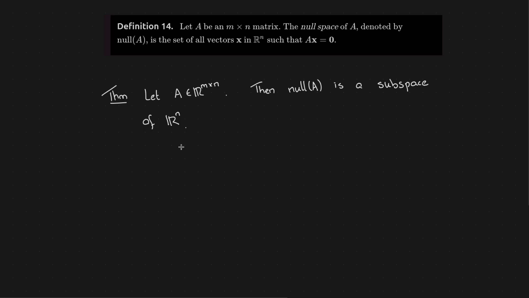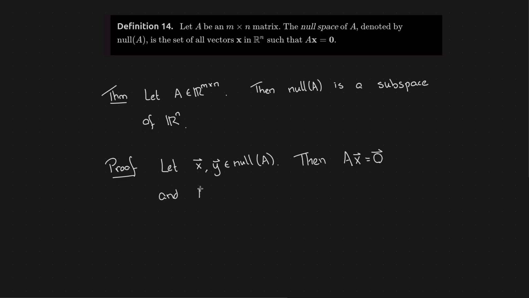So let's first check addition. Let two vectors, x and y, be in the null space of matrix A. Now remember, to be closed under addition, the sum would also have to be in the null space of A. x plus y would also have to be in the null space of A. But before we jump into what x plus y is, note that because x and y are in the null space of A, by definition, if we take A and multiply it by vector x, we get the 0 vector.